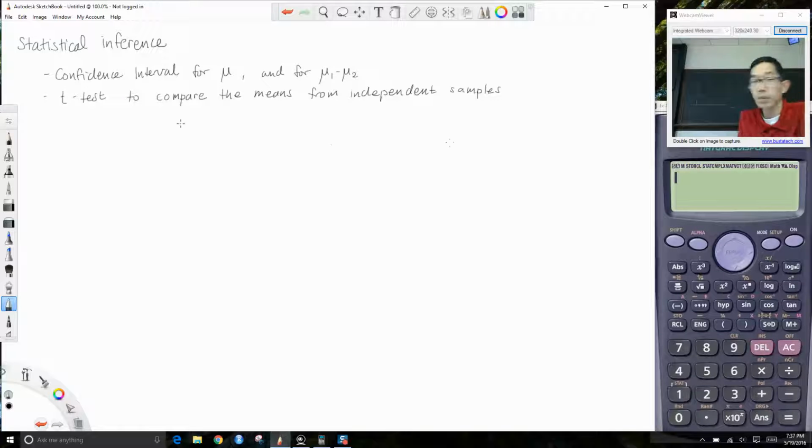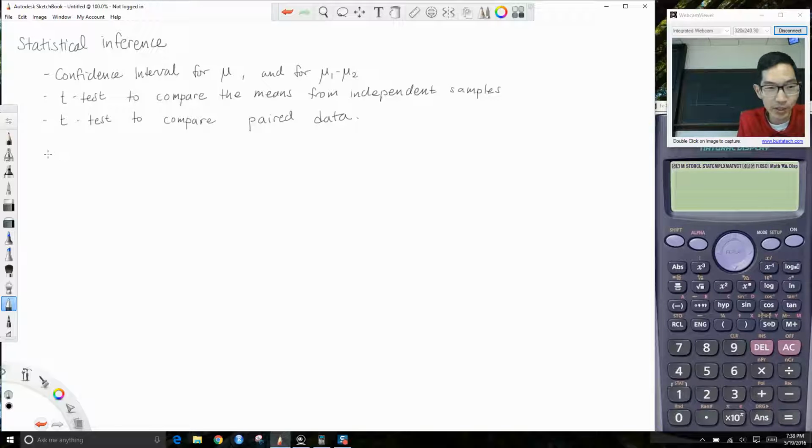We've also covered a t-test to compare paired data. Okay, so we've covered these so far, and today we're going to add to this.